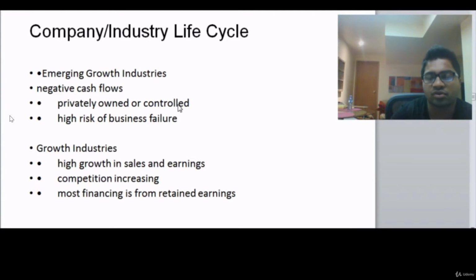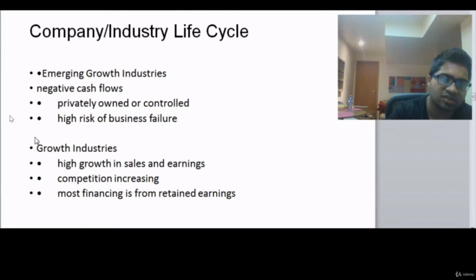They're privately owned or controlled, and they have high risk of business failure. So though the industry is considered to be having good prospects because it is a game-changing industry, still who will succeed in that industry is relatively unknown. So it has high risk of investments.